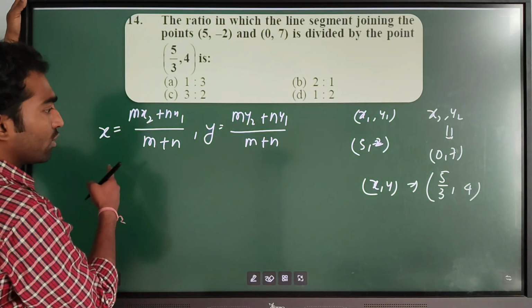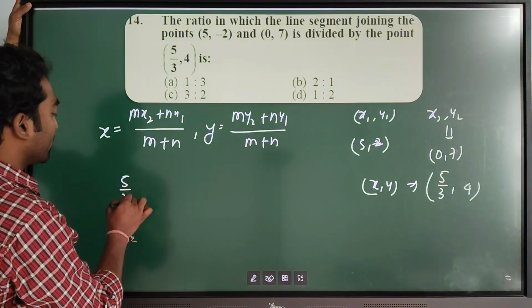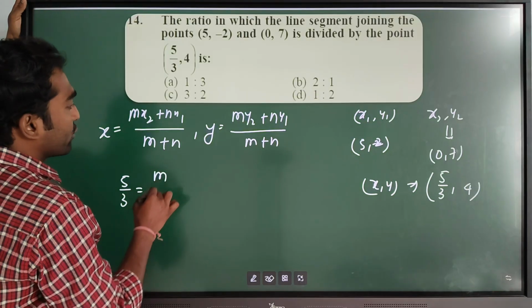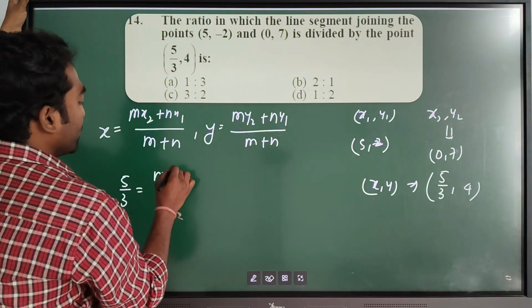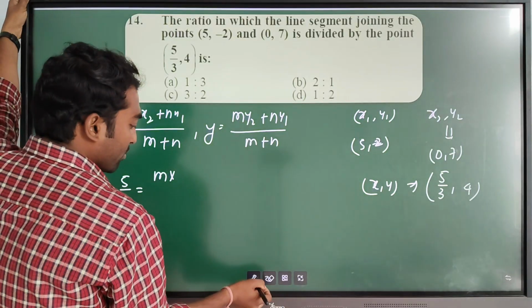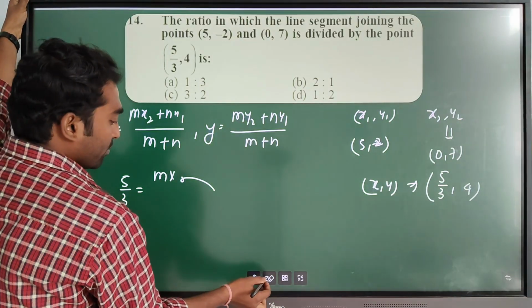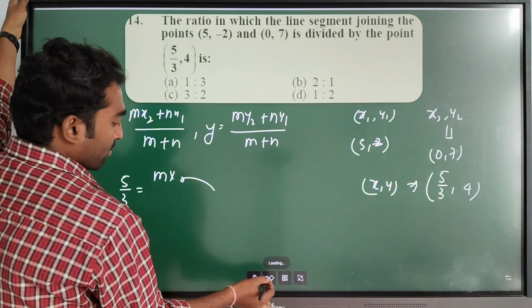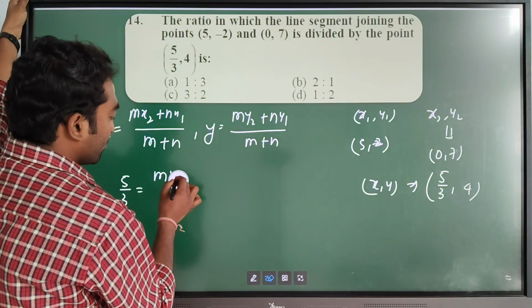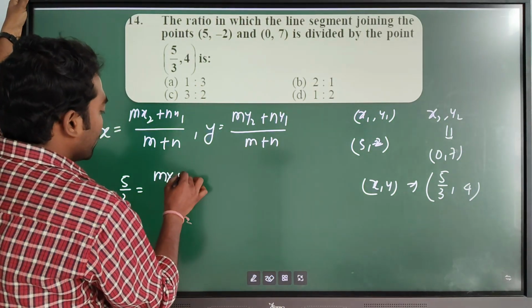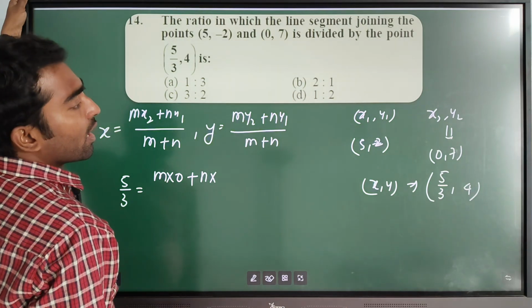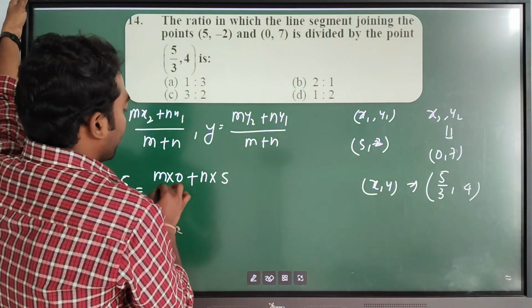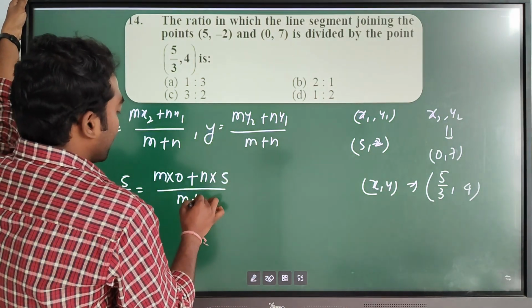Now here the value of x is 5 by 3, which is equal to m x2, m into 0, plus n into x1, which is 5, divided by m plus n.